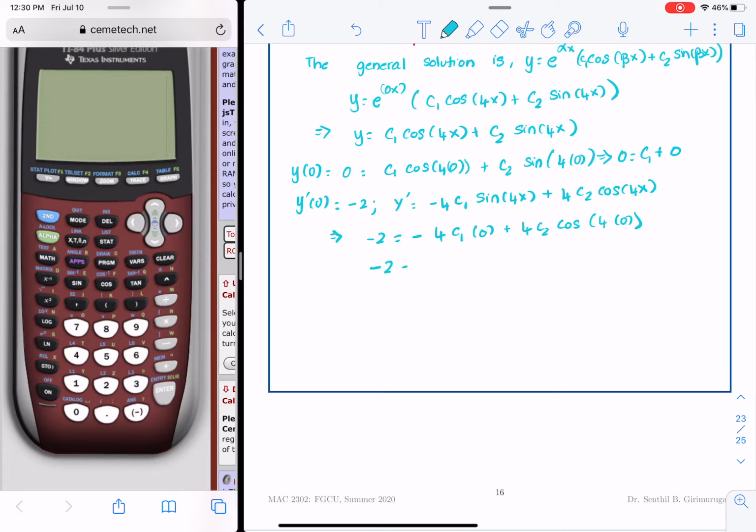So minus 2 would equal 0 plus 4C2 times 1, which would imply 4C2 equals negative 2.